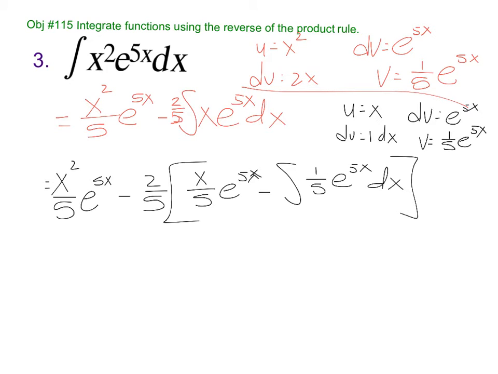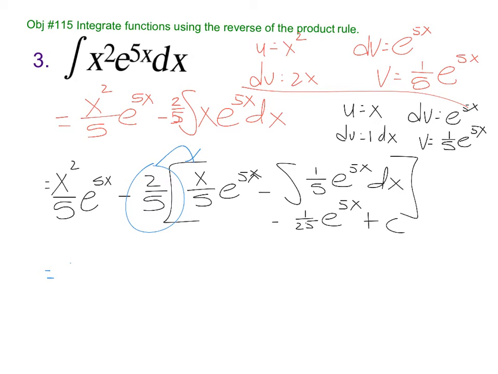So this becomes 1/25 e to the 5x plus c. But now I have to distribute. So I have to distribute the 2/5 into everything.